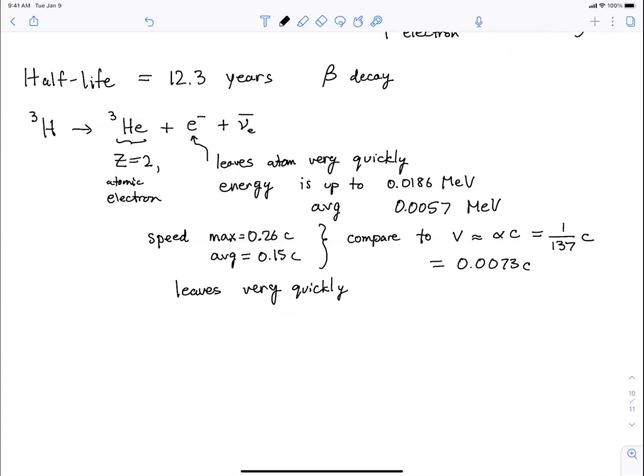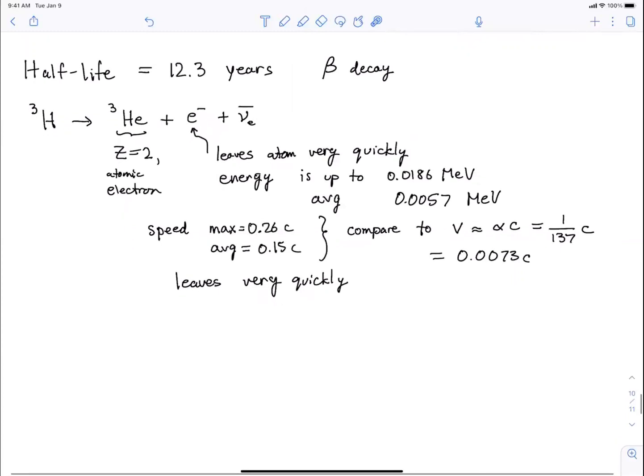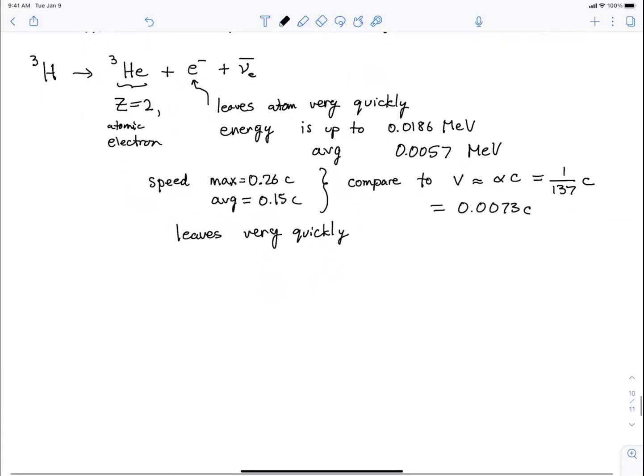So when we're talking about the electronic state, the final electron state, we're really worried about this atomic electron here. And this one we can just ignore. So that means we can go ahead and do the sudden approximation.